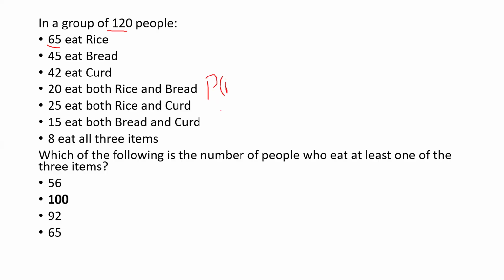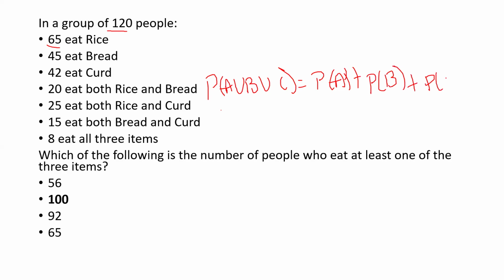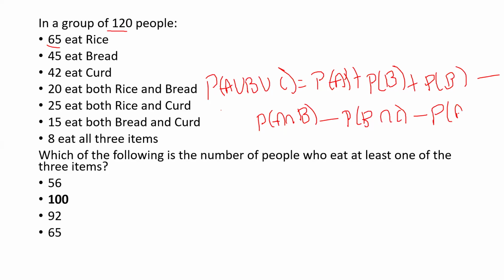P of A union B union C equals the formula I have given: P of A plus P of B plus P of C, minus P of A intersection B, minus P of B intersection C, minus P of A intersection C, plus P of A intersection B intersection C. This is the formula.